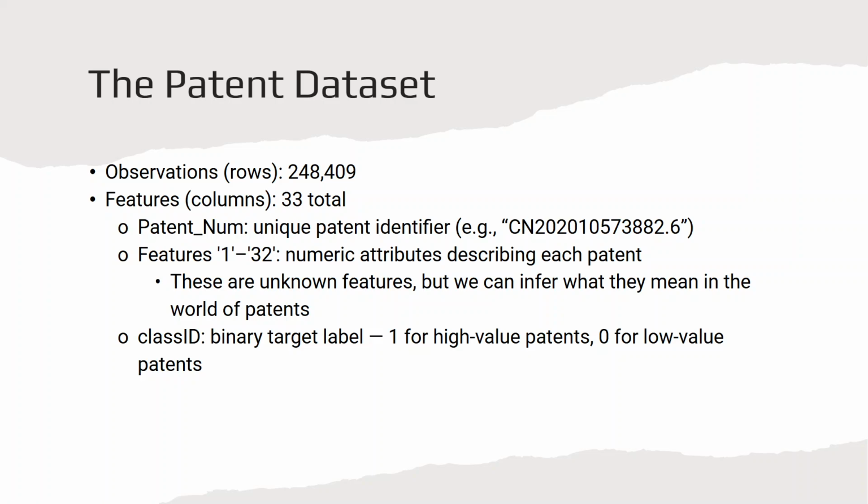And then features 1 to 32 are unknown numeric attributes describing the levels of each patent, each observation, but we can infer what they mean in the world of patents and assume what they could be. And lastly, there's class ID, which is a binary target label, with 1 being the value for high value patents and 0 being the value for low value patents.